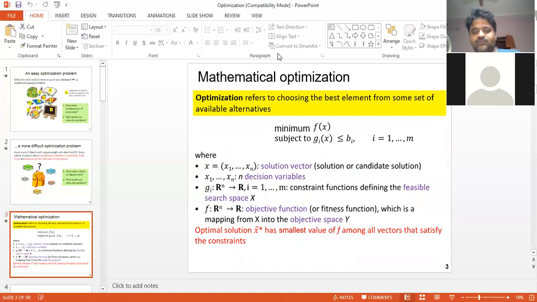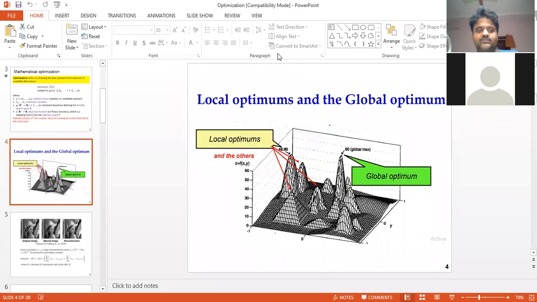This is useful, and you need to frame a mathematical optimization. We discussed all this, but I'm recalling it since we have had some gap. This may be expected as a one mark question: what is the local optimum? What is the global optimum? I think I gave an excellent example for that, on how to remember what a local optimum and a global optimum are.